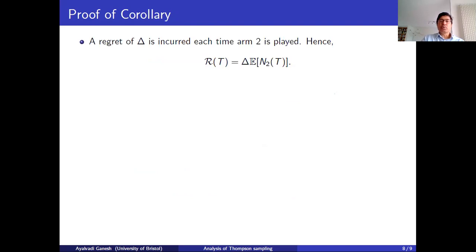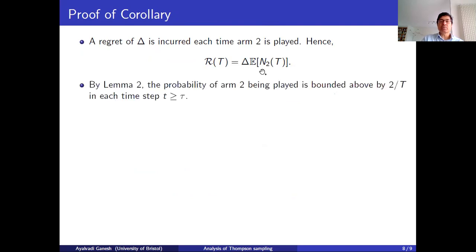Okay, and then we also proved the corollary earlier, but just to repeat, the regret of delta is incurred every time that arm 2 is played. So the total regret up to time capital T is delta times the expected number of plays of arm 2. And as we saw, lemma 2 says that the probability of arm 2 being played at any time after tau is at most 2 over t.